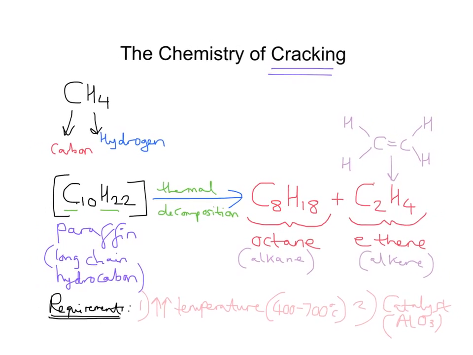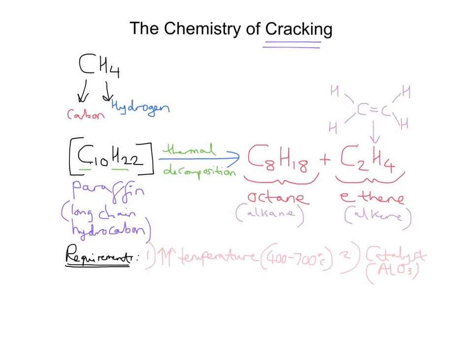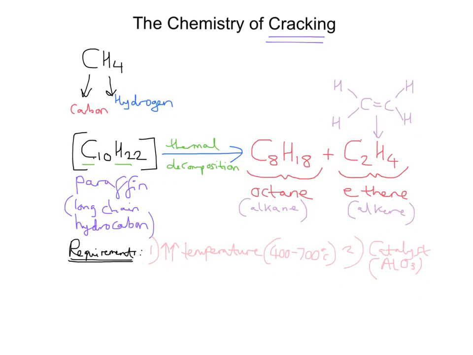I'll shrink the screen because then I can write a little bit more underneath. So the catalyst we're using is Al2O3. And aluminium oxide is going to act as our catalyst. Now these long chain molecules are going to split apart or crack on the surface of the bits of the catalyst.